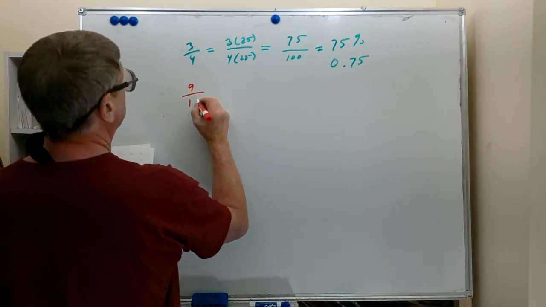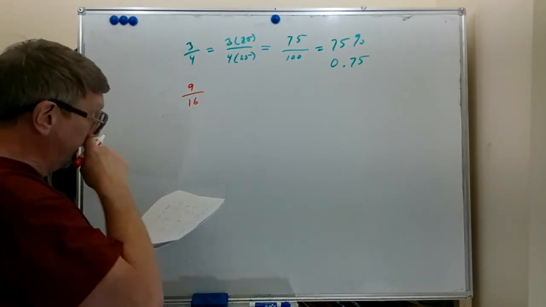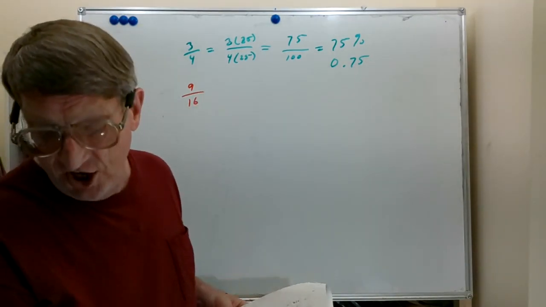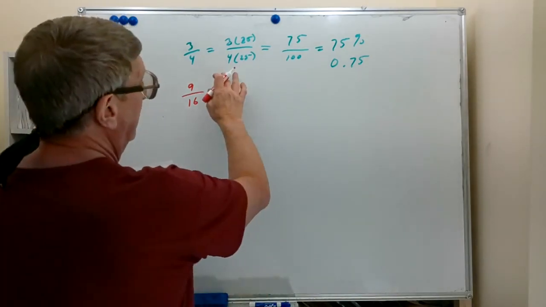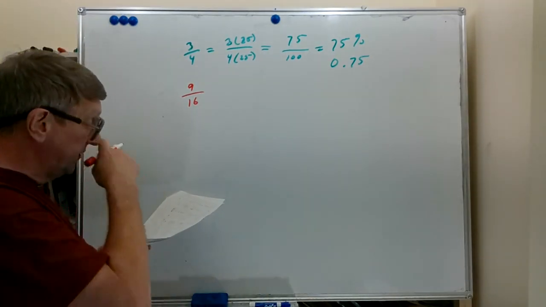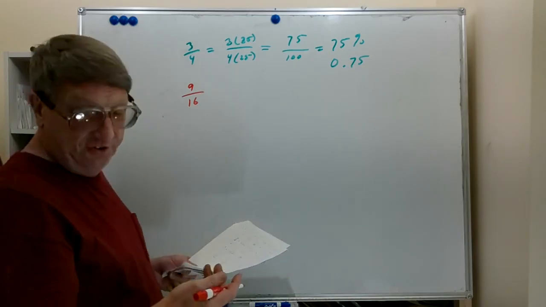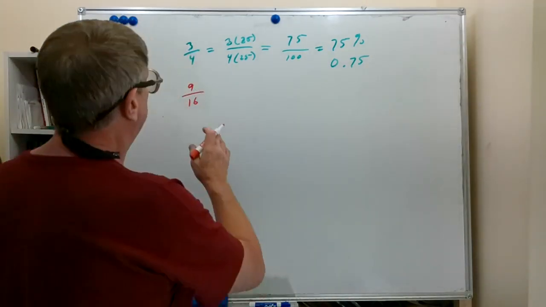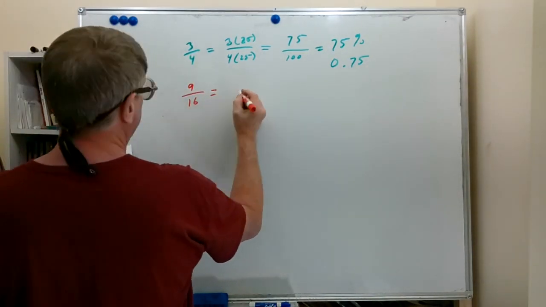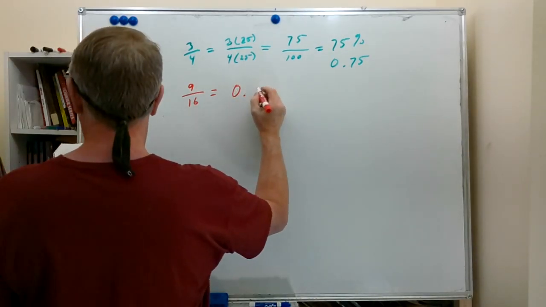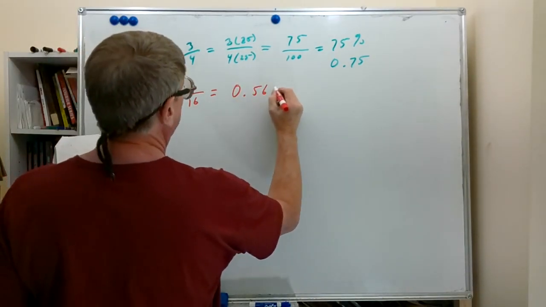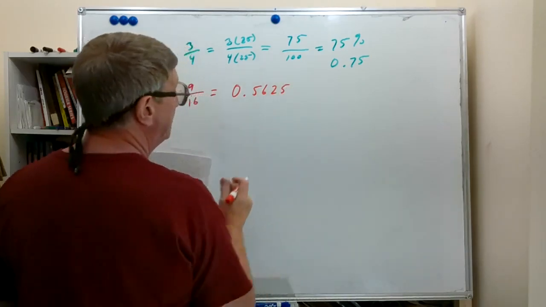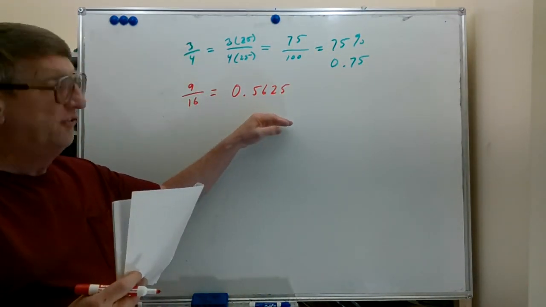9/16. Now this one isn't quite so slick and easy to convert to a denominator of 100, so we're going to do the division first. If we do the division with a calculator, we end up with 0.5625. So we went directly to the decimal version.